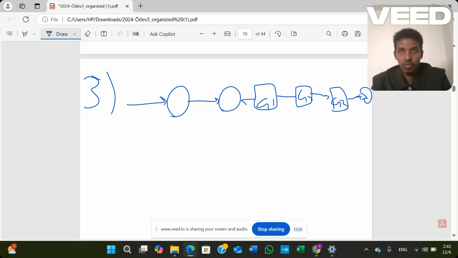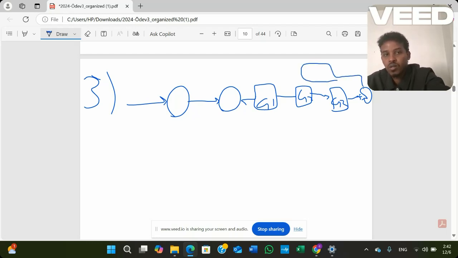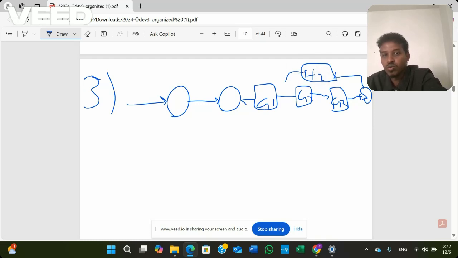Here will be H2. The H2 will go to G2, and G1 over here will be H1 and going there.